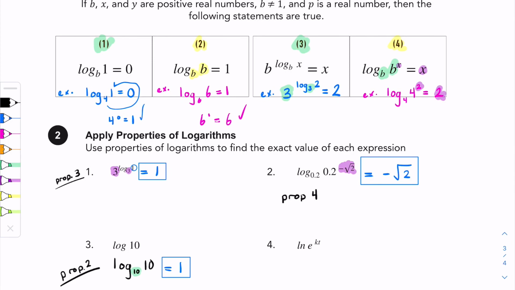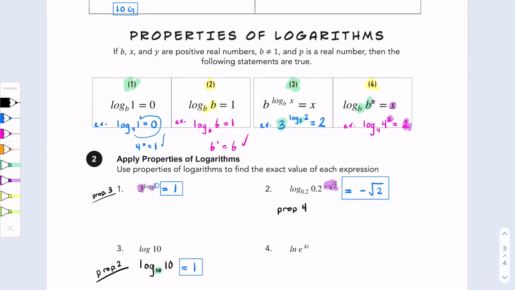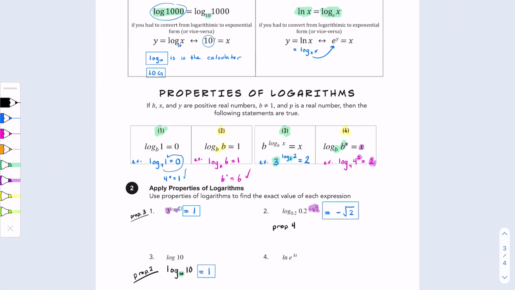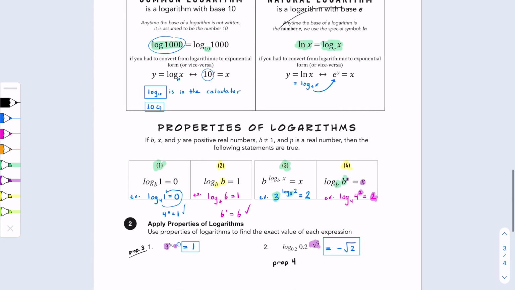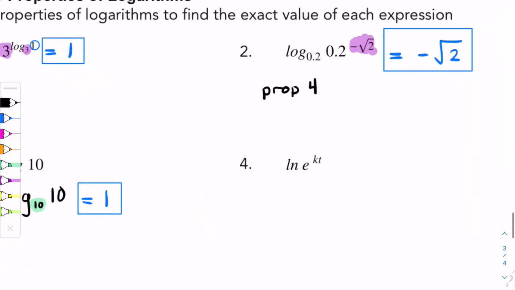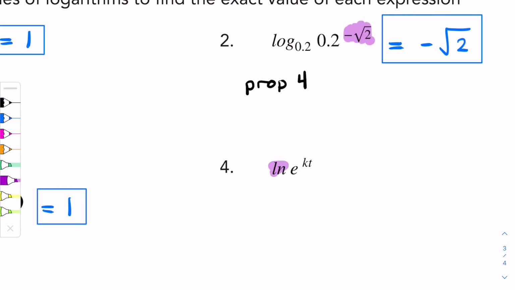And lastly, we have number 4, which is ln of e. Anytime you have ln, you can rewrite ln, I'm going to just zoom out, right up here, the natural log. The value of ln is the same thing as log base e. So I can rewrite this term as log base e of e raised to the power of kt.